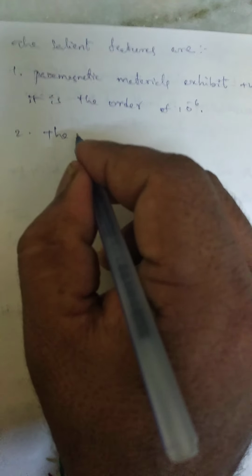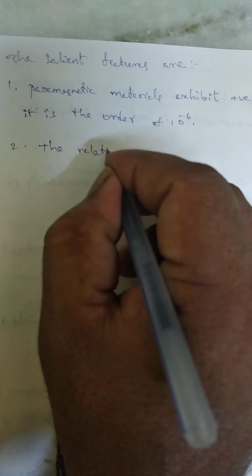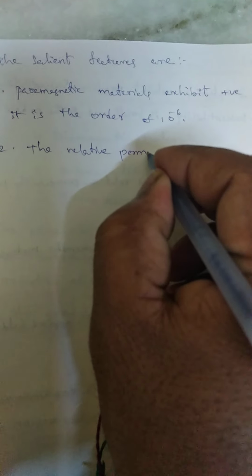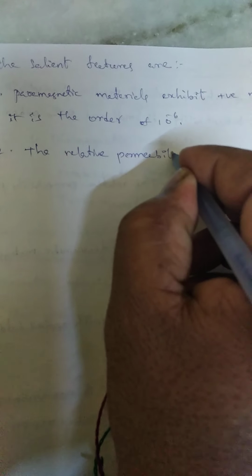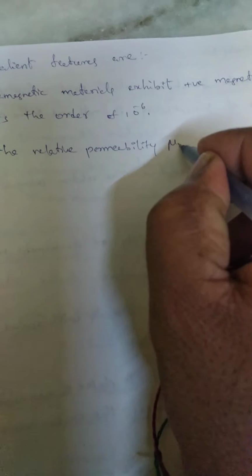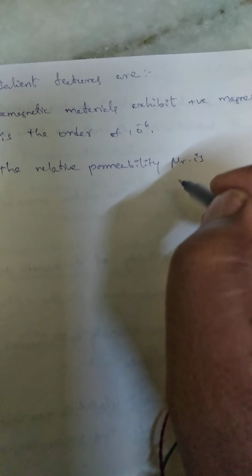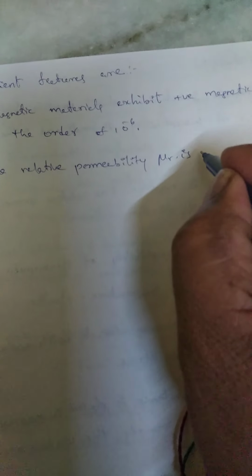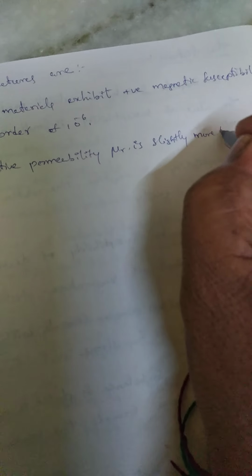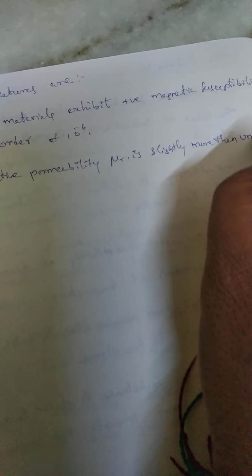Second one, the relative permeability mu r is slightly more than unity.